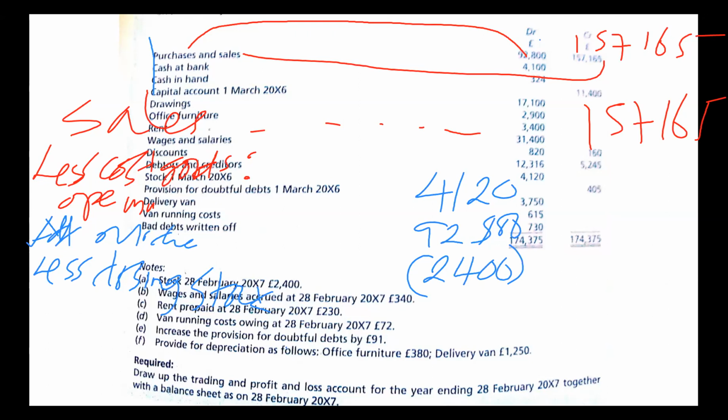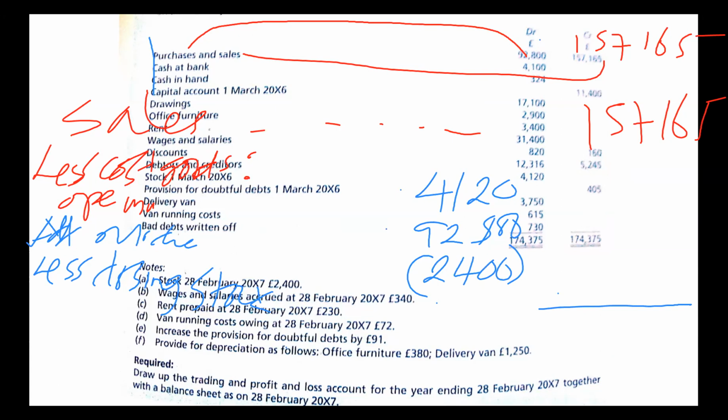Right. So afterwards, you will add these: opening stock plus purchases minus 2,400. What do you have? Hello, colleagues.